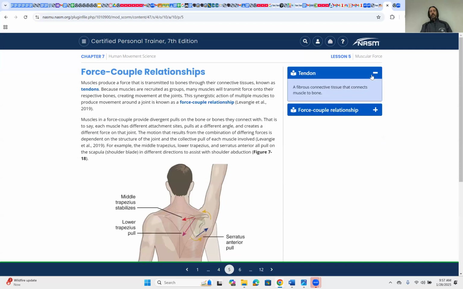Let's go over the definition of tendon. Okay, so a tendon, you can write this down, is a fibrous connective tissue that connects what? Muscle to bone.